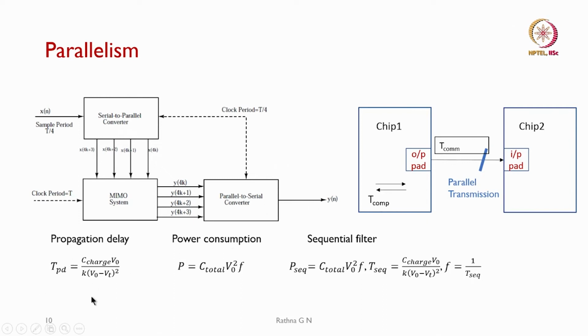So, what is the power basically? This is the propagation delay that we have put. It is going to have charged capacitors, and our input voltage is V naught, and this is directly proportional, so we are putting the constant K here. Vt is the threshold above which our transistors are going to switch on.